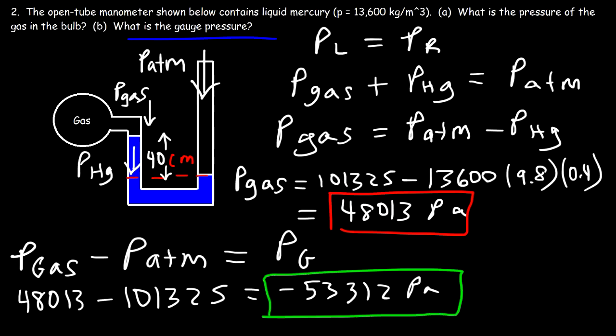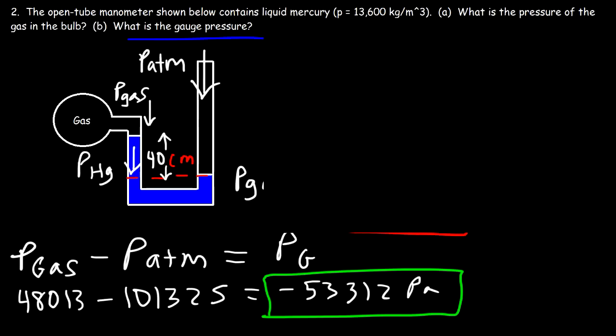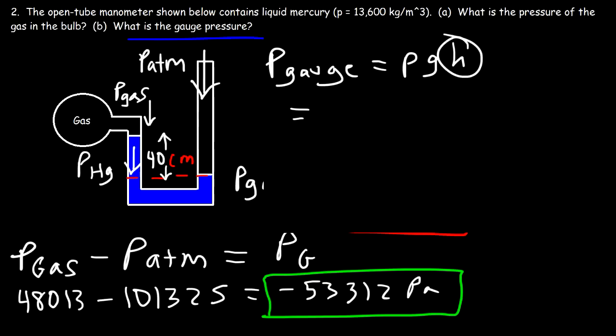Now, you need to be careful when using this equation. Let me just erase a few things. The gauge pressure can be found using this equation, ρgh. However, you need to know when the height is positive and when the height is negative.